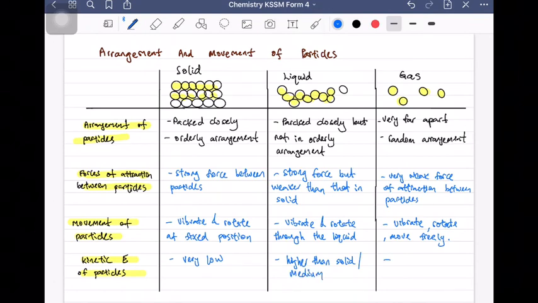And the kinetic energy of particle in gas is very high. They have the highest content of kinetic energy compared to solid and liquid.